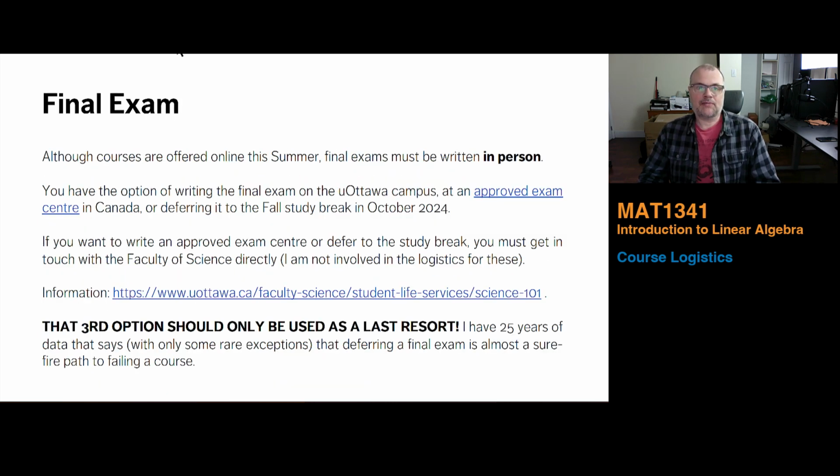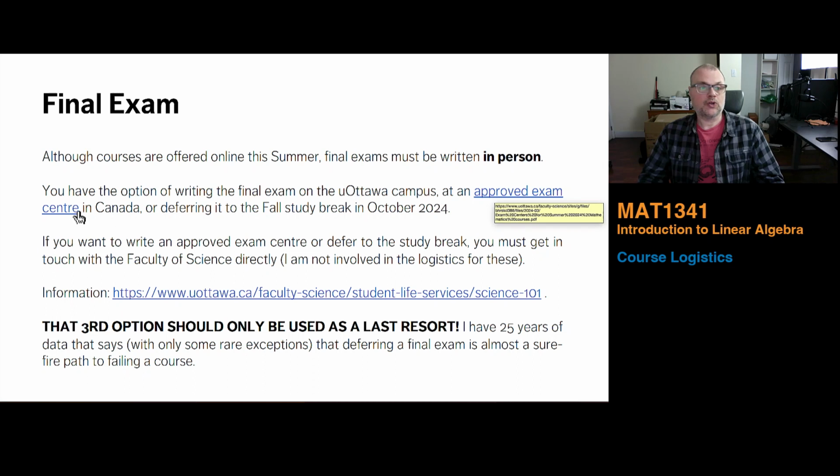The final exam, as we've said, even though the courses are offered online, the final exams must be written in person. So you write them on campus on July 26th. If you're not going to be in Ottawa on July 26th, but you're somewhere else in the country, there is a list of approved exam centers.